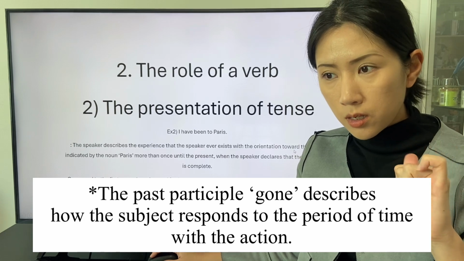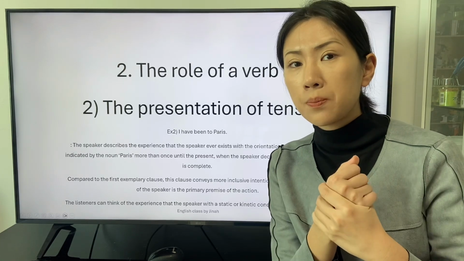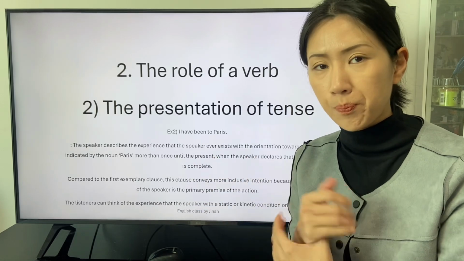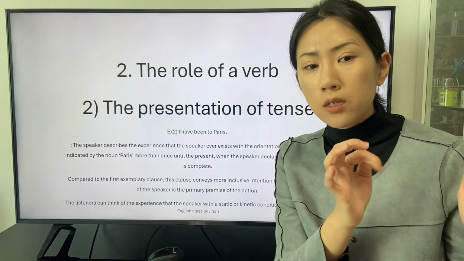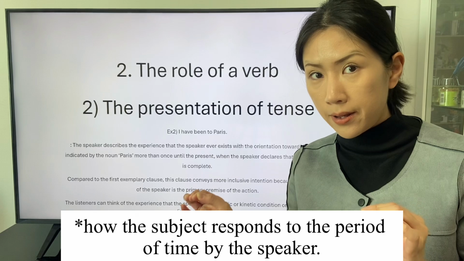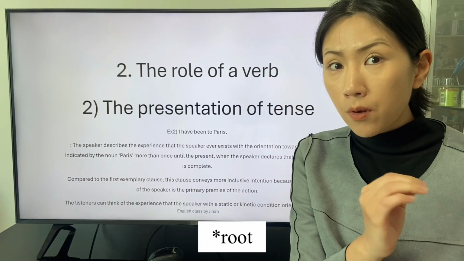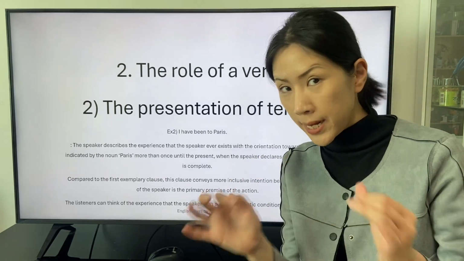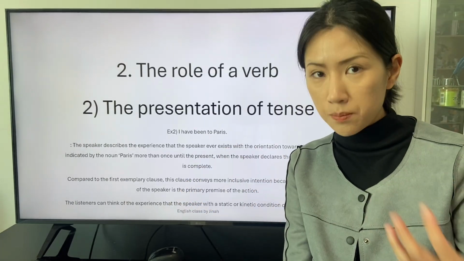In the second clause, the past participle been describes the intransitive verb have. The root form of the past participle been is the be-verb, to describe the existence of a subject.